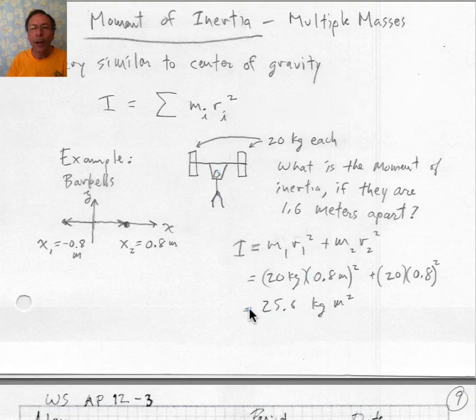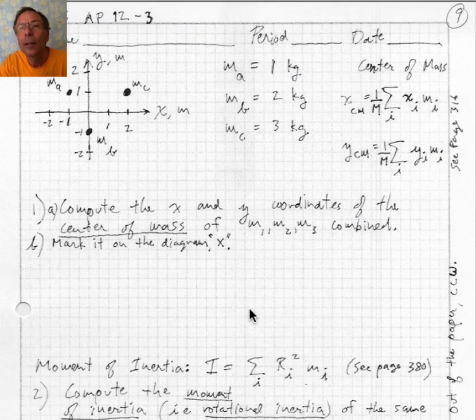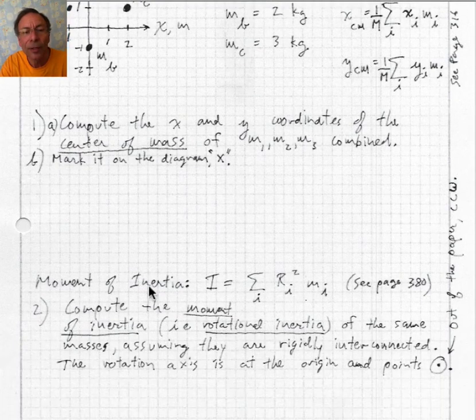Now, I would like you to print out this page of the notes, page 9, because it's a worksheet, and I would like you to try this yourself. Figure out the center of mass of these things and figure out the moment of inertia for the same configuration.